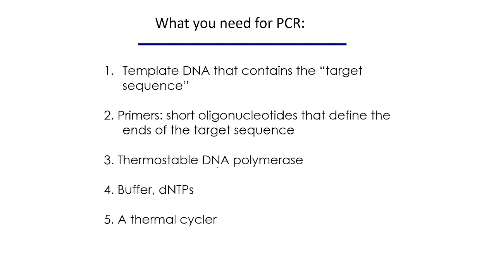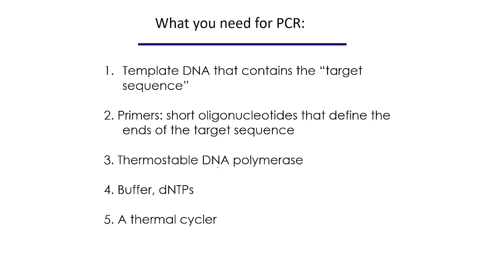Now what we need for PCR is the template DNA, that is your plasmid that contains the target sequence or the region which we need to actually amplify. Also we need the primers which we design on our own.